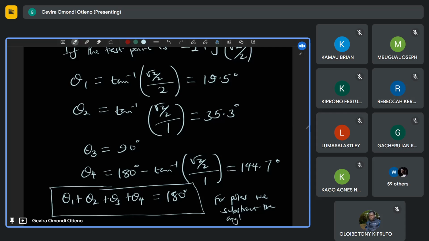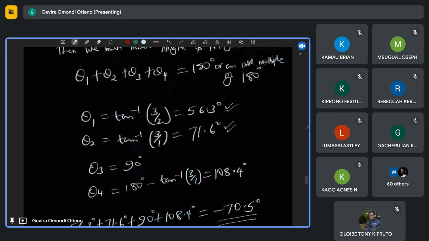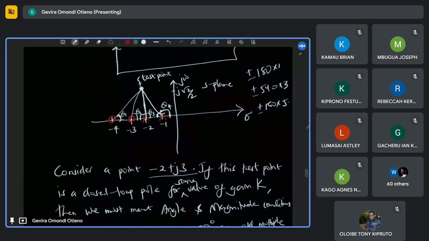But for zeros, we add. Okay? So theta 1 and theta 2, for example, are zeros. So we add them.